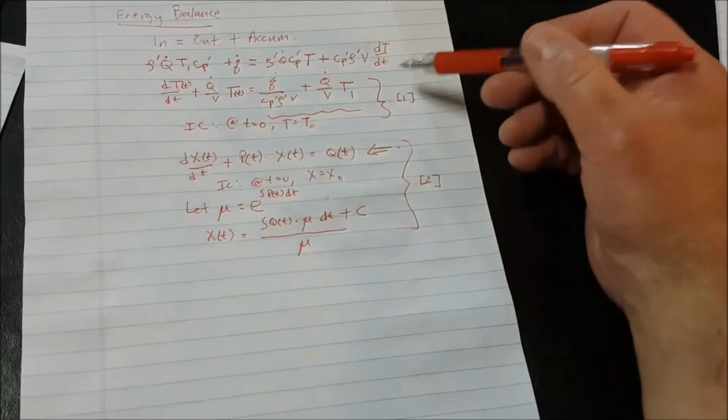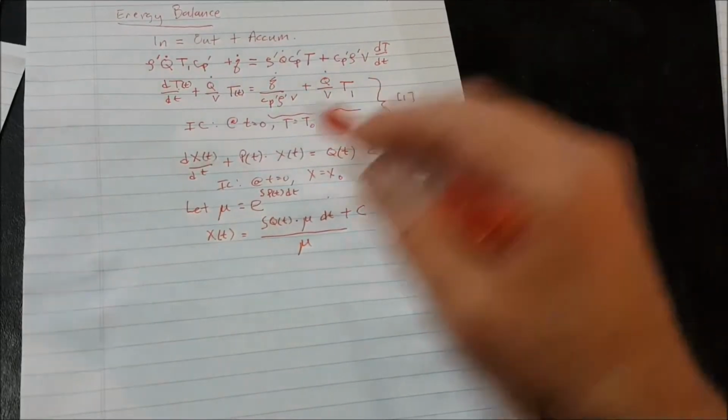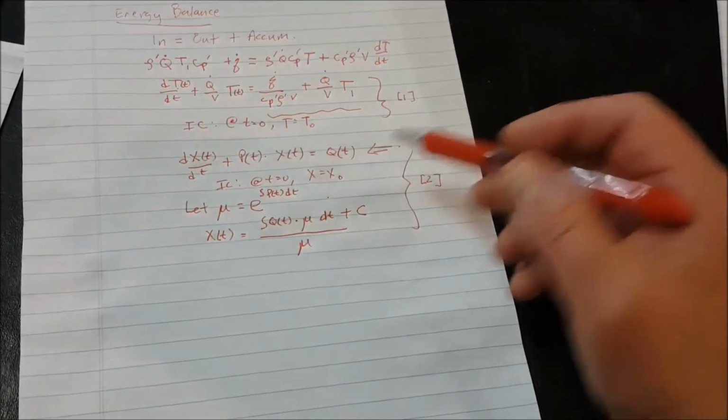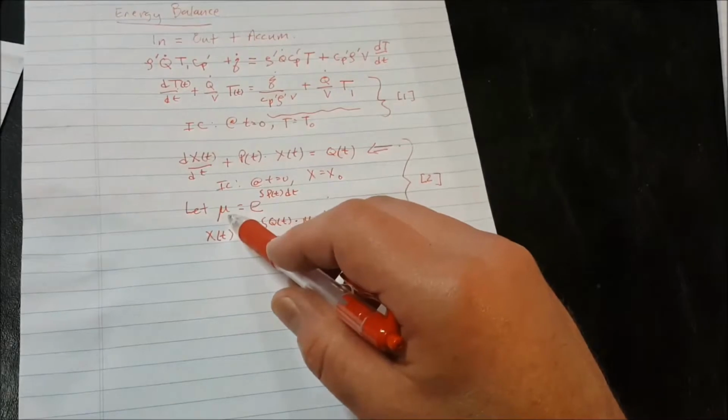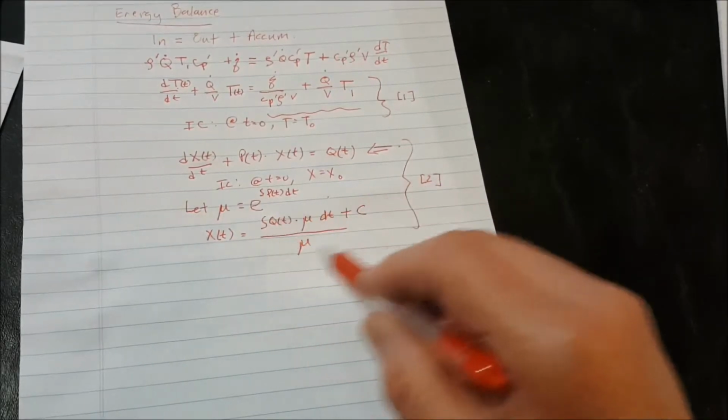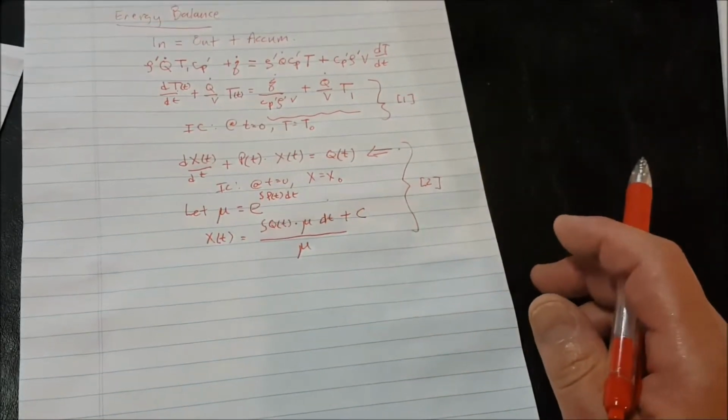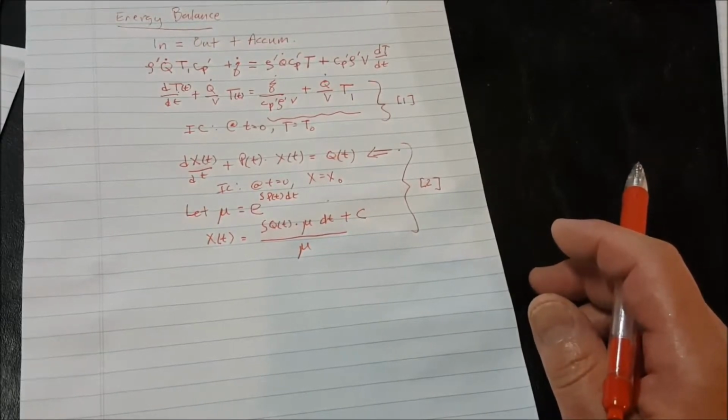Okay, so basically I'll be able to take equation 1, define p and q for this case, define the integrating factor in terms of p, and then plug it all in here, and I should have a solution for T of t.